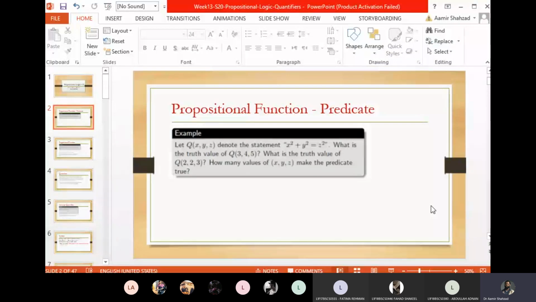Propositional function is just like the function that we use in our programming language. For example, when we give some input to our function, जब हम coding करते हैं function, we write down the function, so we give some input and we get some output. So we have some Boolean functions, we get a Boolean output.